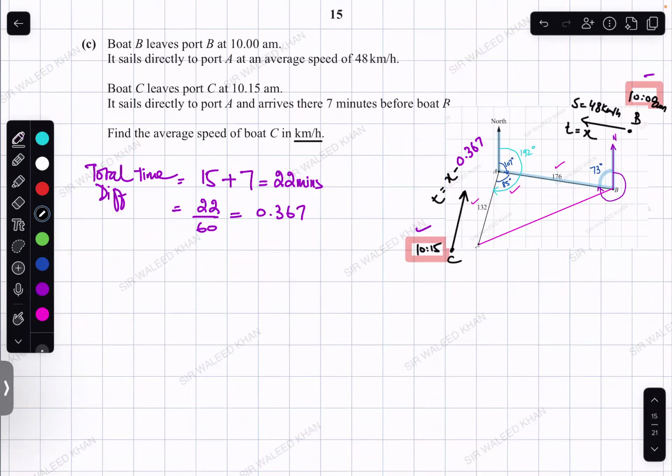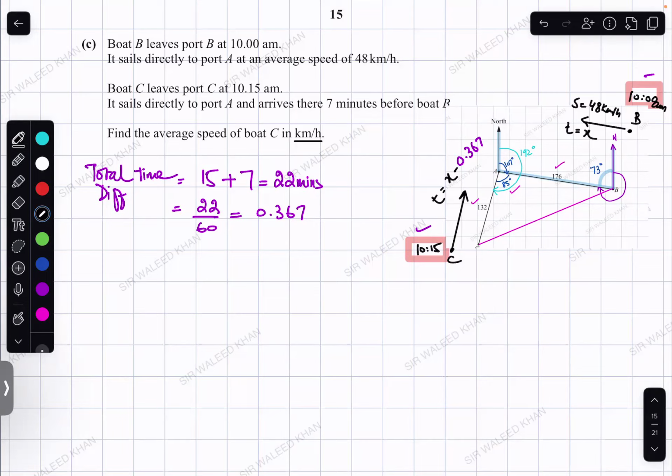So they are saying find the average speed of boat C in kilometer per hour. So I have the information over here, but I don't have the average speed. I don't have the time for boat C, but I have the distance.